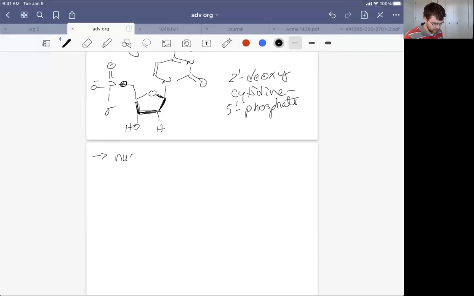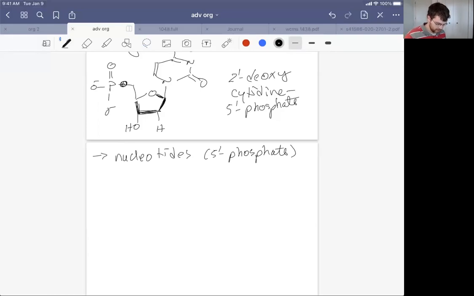So nucleotides, that is with a 5' phosphate. And again, the reason why we have the prime there is because we have carbons from the base. So we have to try to distinguish the 5 carbon on the base versus the 5 carbon on the sugar. So on the sugar we call it the 5' carbon.